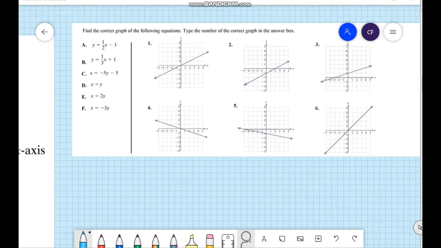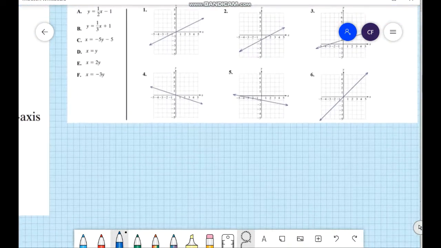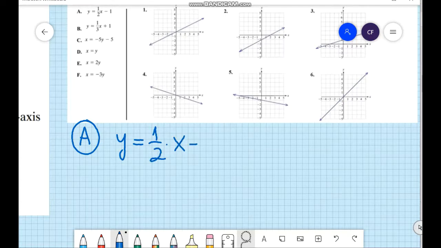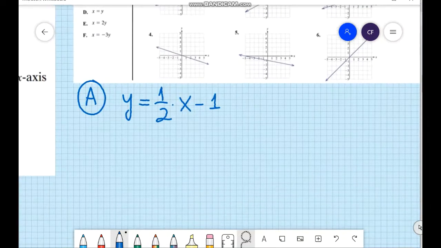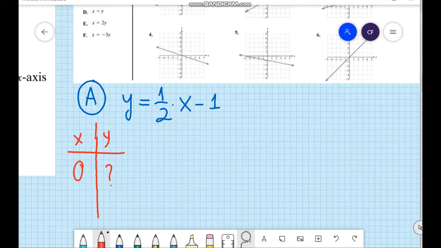The way you're going to do this, let me get the first example here of letter A. Letter A, we have y equals 1 over 2 times x minus 1, okay? And we're going to graph. The first step is to draw the table x and y. Assume x equals 0, find y. Assume y equals 0, find x.